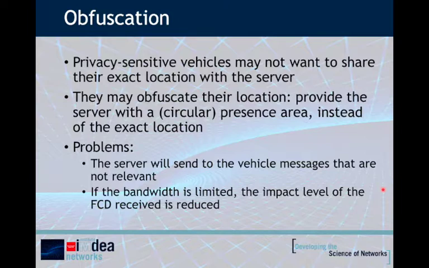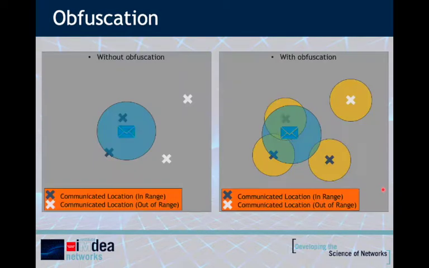On the other hand, if the bandwidth that the server can use to send the FCD to a vehicle is limited, it has to select which data to send, and the average impact level of the data that is received and used by the vehicle is reduced.